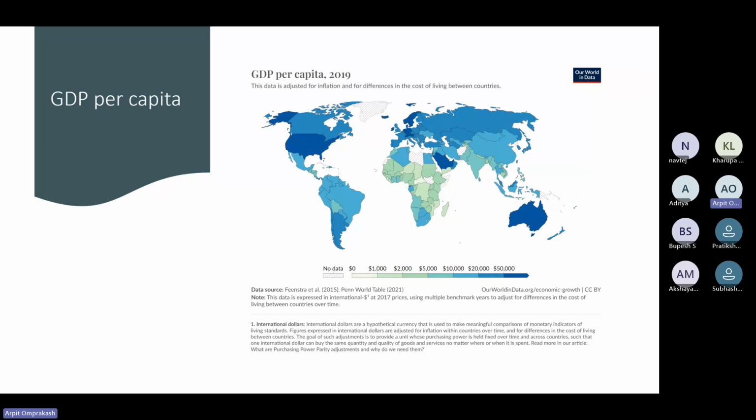Then this graph shows how the GDP per capita value changes across different countries. So in countries such as USA or Australia, and in some parts of Europe, such as the UK, the values are very high.